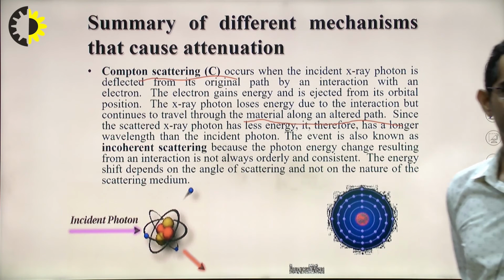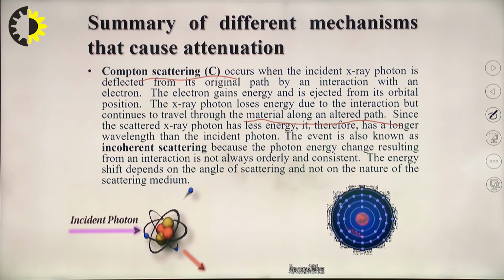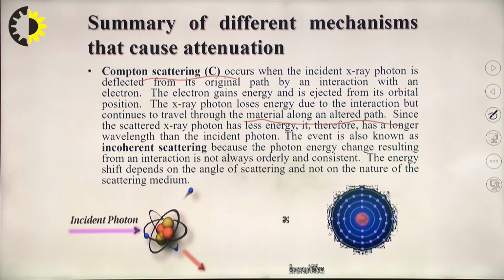Since the scattered X-ray photon has less energy, it therefore has a longer wavelength than the incident photon.